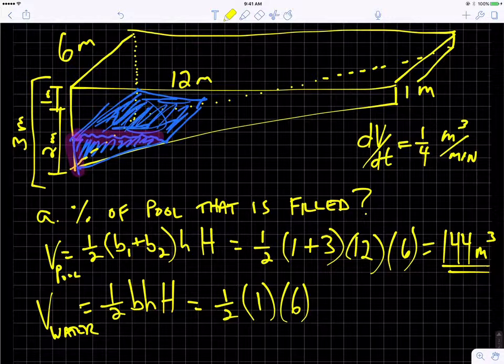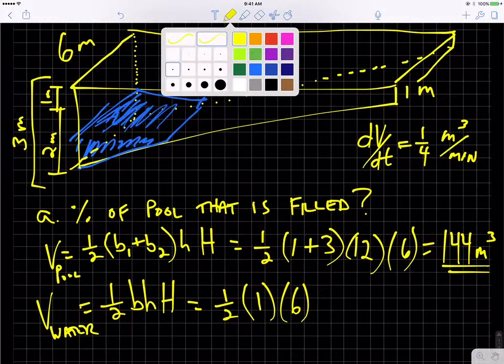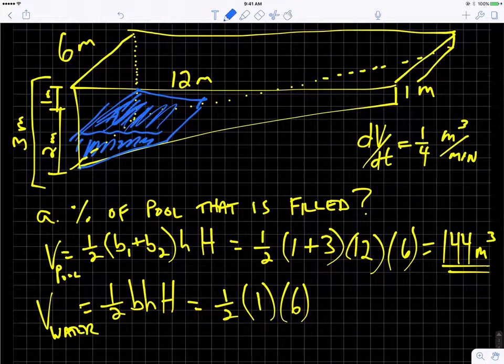I know that this distance here is 6 because of the similar triangles.